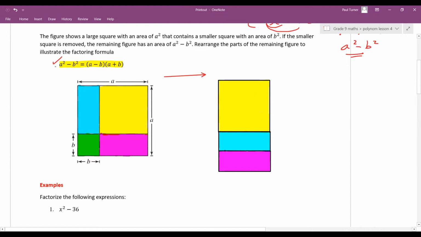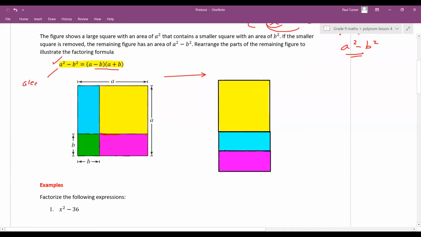So what we have here is a square, length a in both directions. I want to show that a squared minus b squared equals this here. So a squared is the area of this large square, right? The big square.